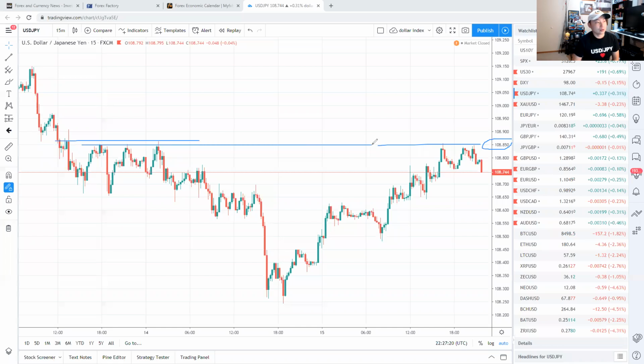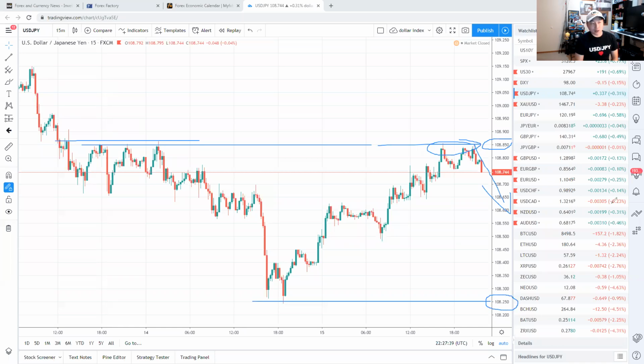Pretty strong resistance on the 15-minute. You can clearly see that this sent it right back down, and I wouldn't be surprised if it came back down to retest the lowest price of 108.25.